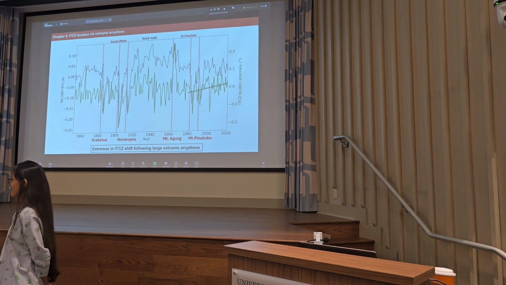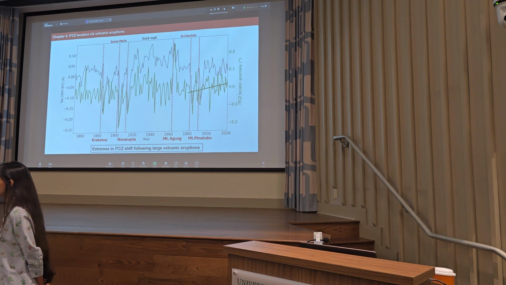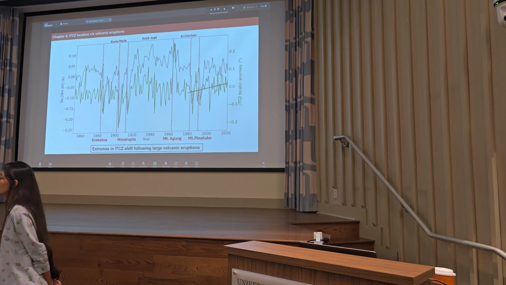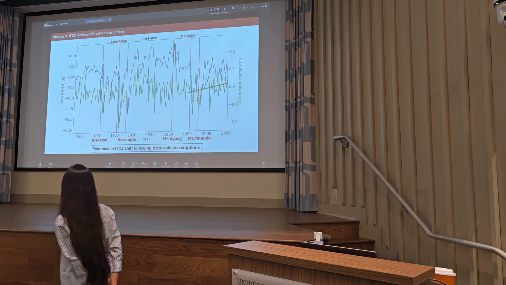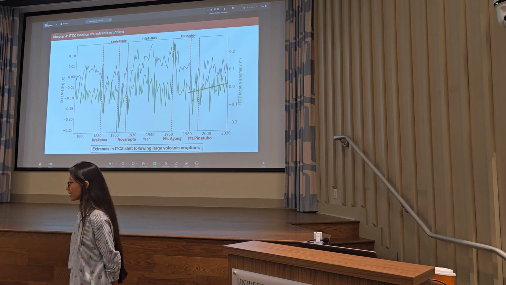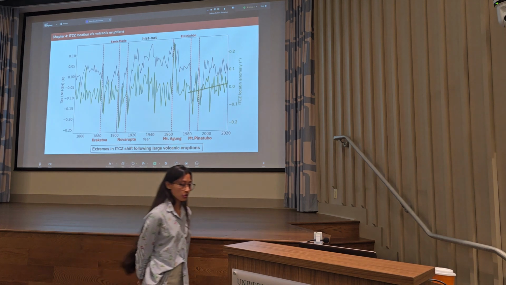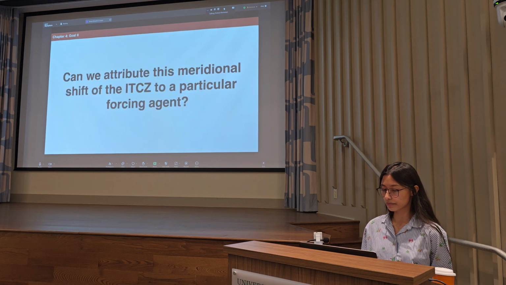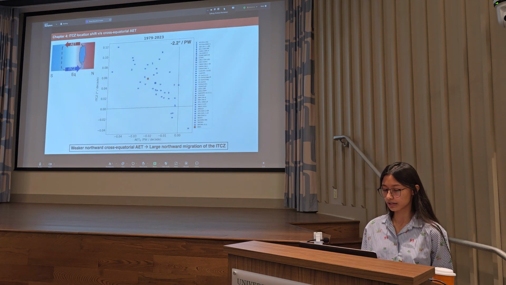I was just wondering if there's a correlation with El Nino. We do find that for that one specific event in 1998, there is a strong southward shift of the ITCZ, which works like Adam et al. 2016, I believe.